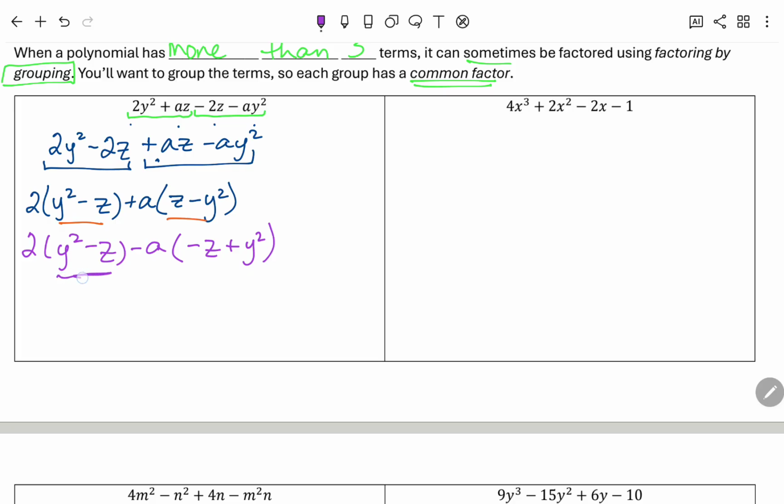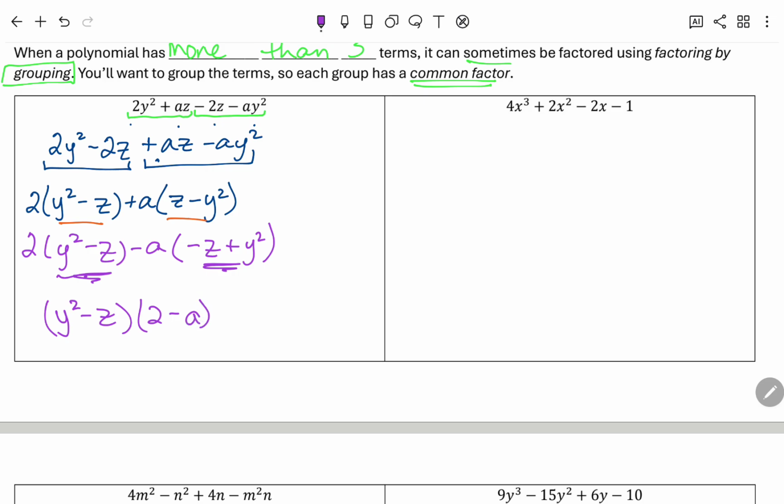And now, are these the same? Yes, they're in a different order, but they are the same. So what that means is that these are now a GCF of this polynomial. And so I can write it out front and then write what's left over as the second quantity.